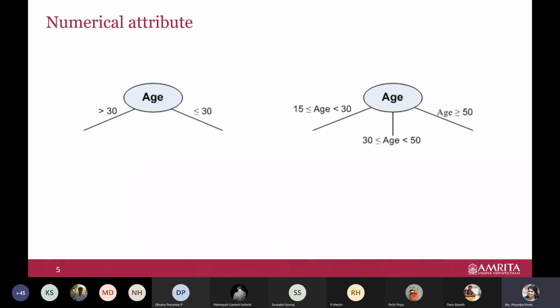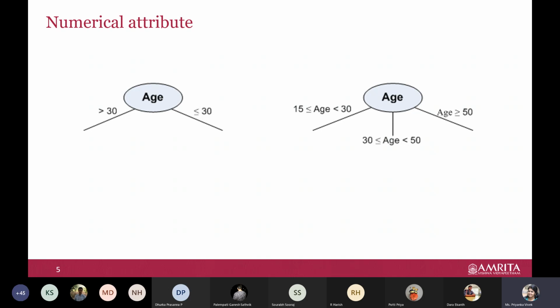We also discussed numerical attributes. We may have attributes which are not discrete, but your decision tree needs discrete values. So if there are continuous values, we may have to convert them to discrete values.